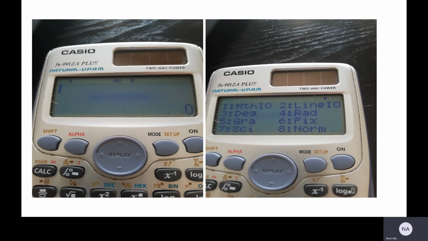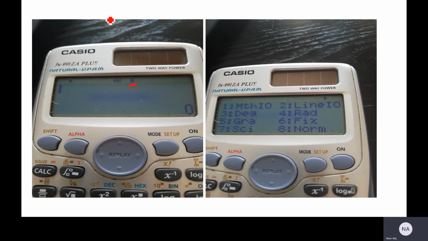So look on your calculator and look here. My calculator has a D there. That means I'm working in degrees. So when I identify that I am dealing with an angle in degrees, I must have my calculator in degree mode.